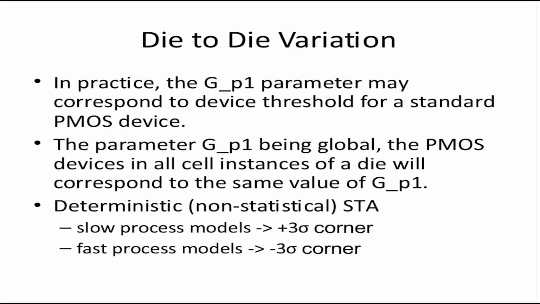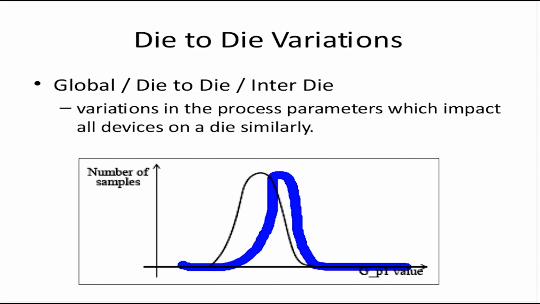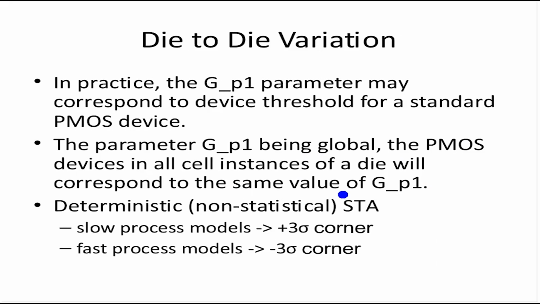Let's say for a particular die, if you plot GP1, it will look like this. Now for a different die, you plot GP1 again, it might look like this but slightly shifted. The distribution is almost the same, but the mean may be slightly shifted. So this is die to die variation.